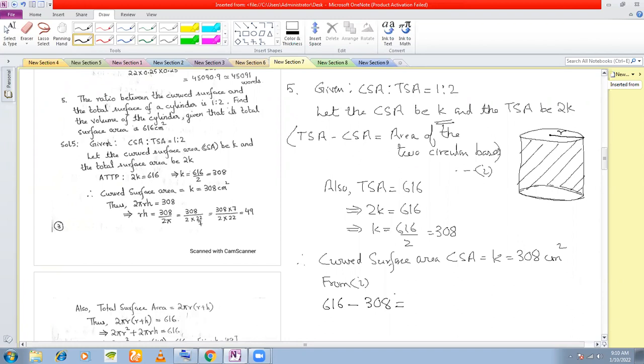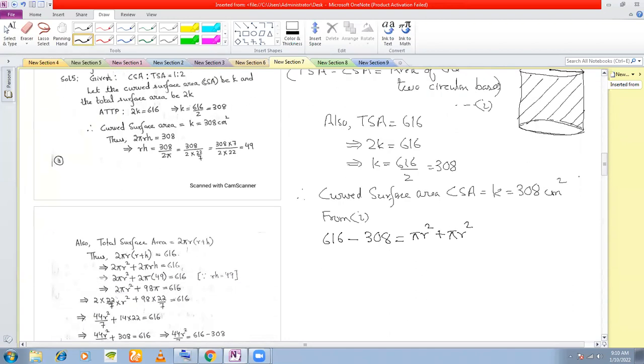If R is the radius of the base of the cylinder, then it is pi R square plus pi R square, which is 2 pi R square, right? That means you're going to get 308 is equal to 2 pi R square, right? So from here, you can solve this equation to get the value of R.